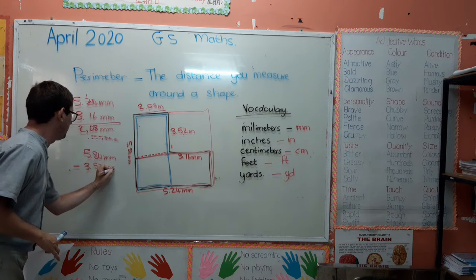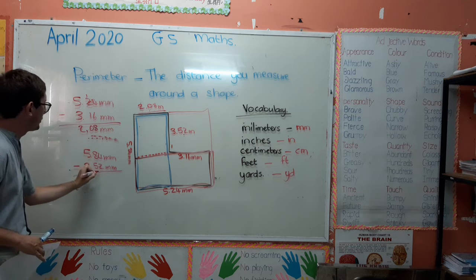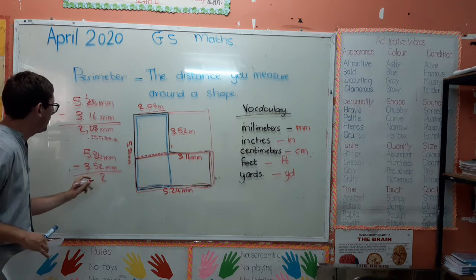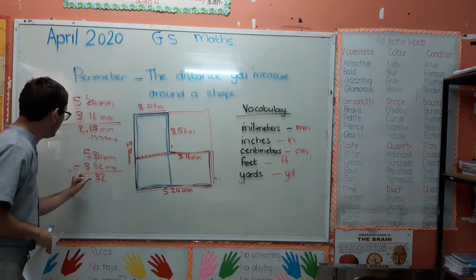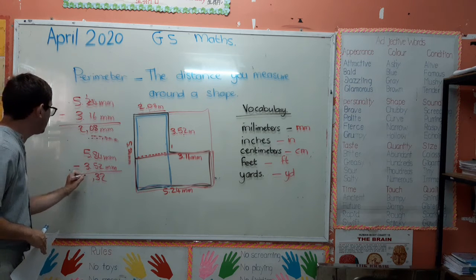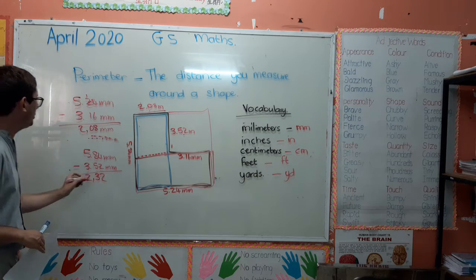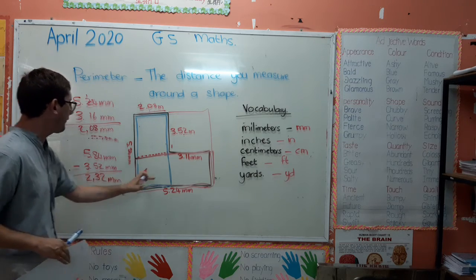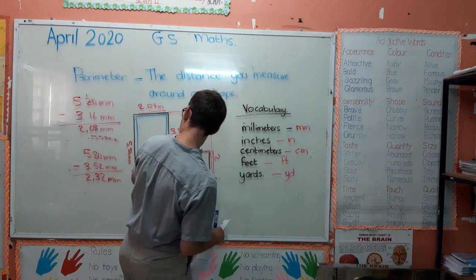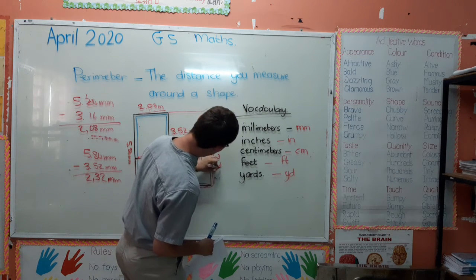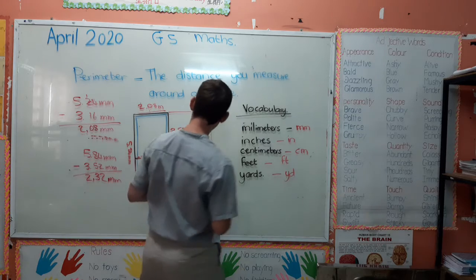3.52 millimeters, and let's look it up. So it's 4 minus 2 is 2, 8 minus 5 is 3, and 5 minus 3 is 2 millimeters. So then you have on this one 2.32 millimeters.